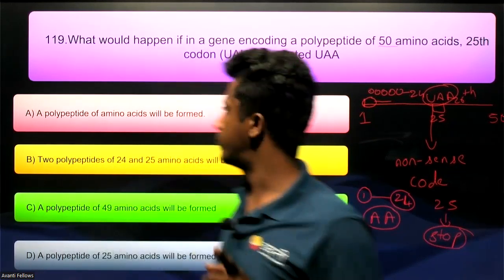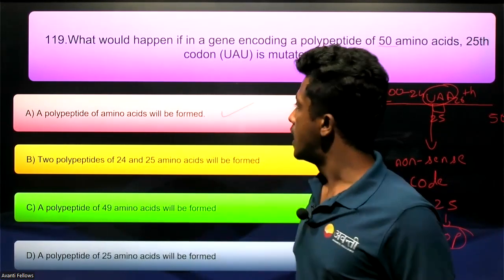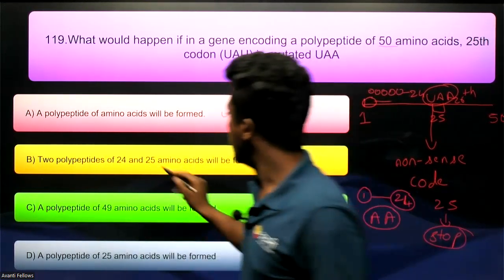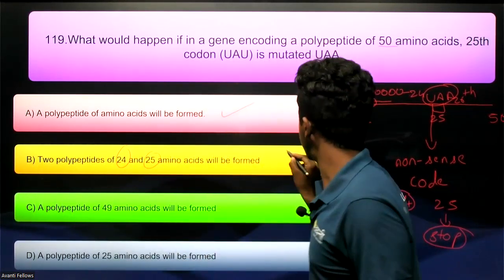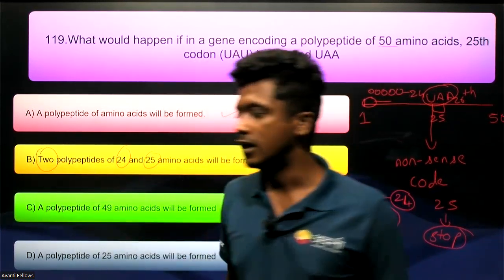So look at these options. A polypeptide of 50 amino acids will be formed: no. Two polypeptides of 24 and 25 amino acids will be formed: as I told you, 24 is possible and 25 is not possible, and because they have given two polypeptide chains, this option is wrong.